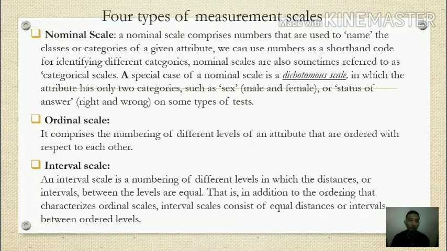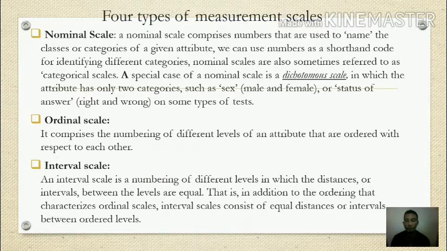Here we will see the 4 types of measurement scales. The first is the nominal scale. A nominal scale comprises numbers that are used to name the classes or categories of a given attribute.